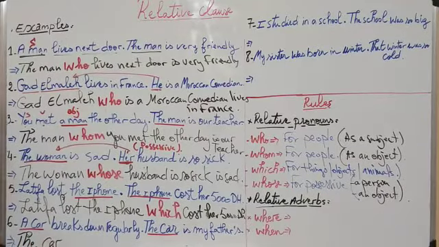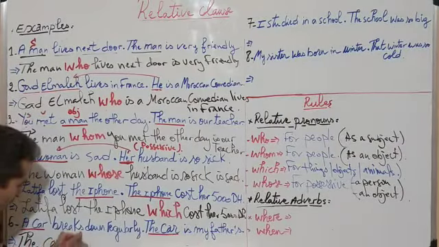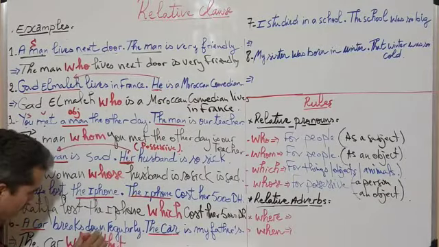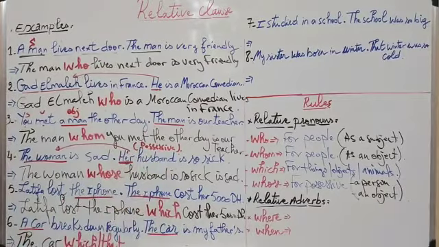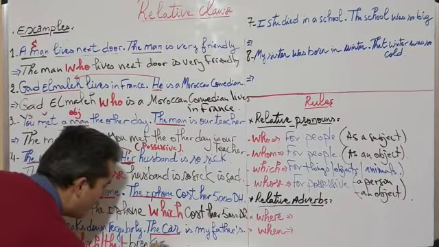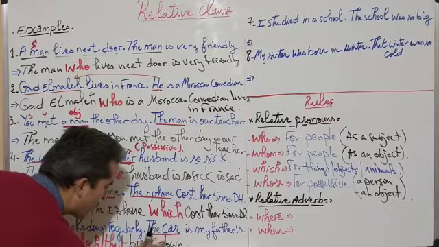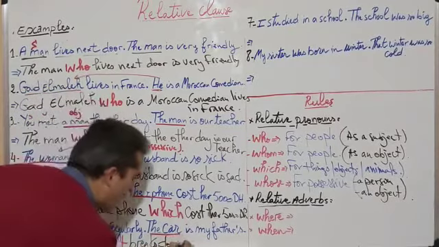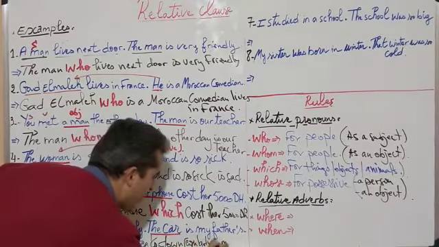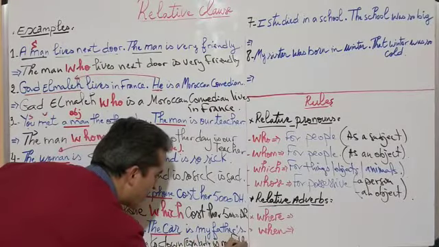The car which breaks. So we replace this. Here we use which or that. It's the same. So a car which or that breaks down regularly is my father's.